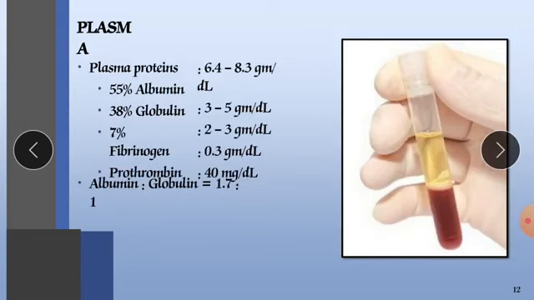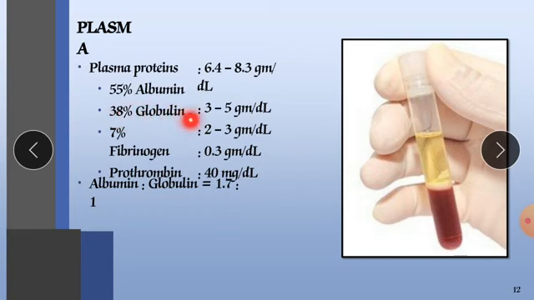Now in plasma, the plasma proteins are 6.4 to 8.3 grams per dl. 55% are albumins and 38% are globulins. Albumins are the smallest and most numerous of the proteins. Globulins have major functions in the development of immunoglobulins.